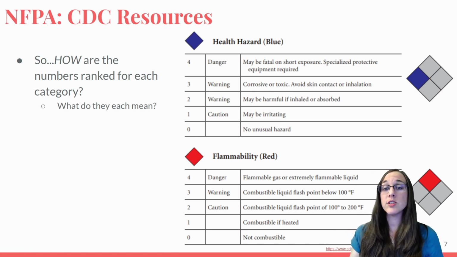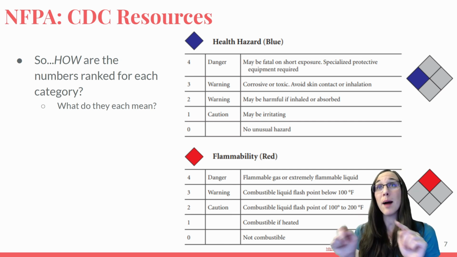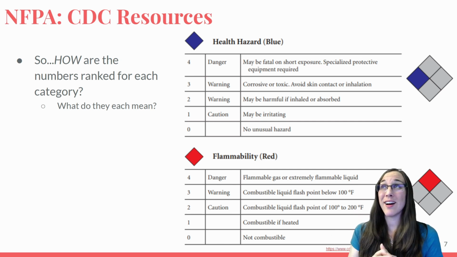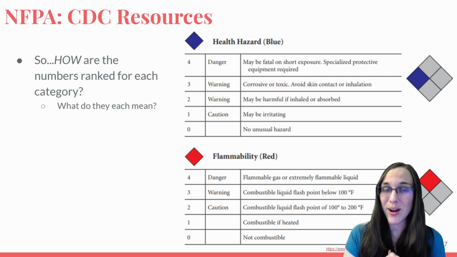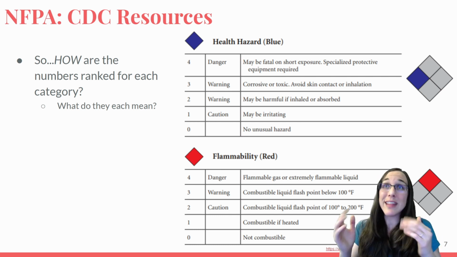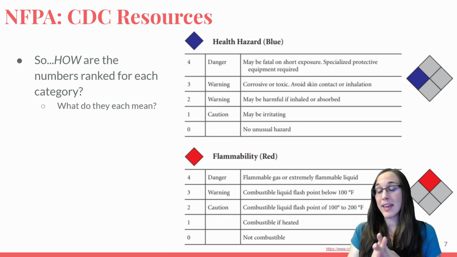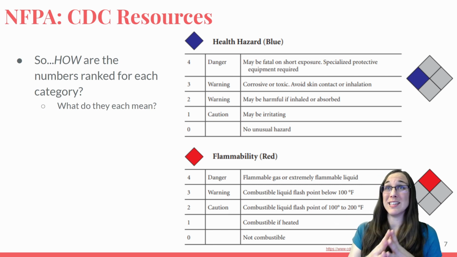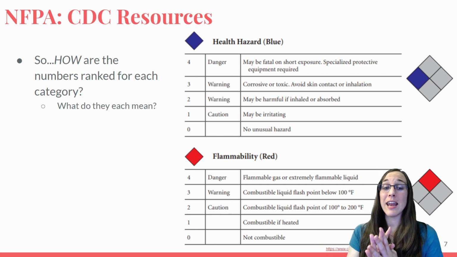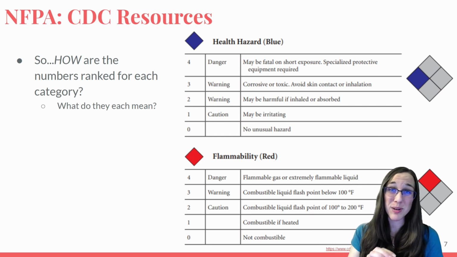If we move on to the red quadrant, or the flammability quadrant, that's the top diamond. That is one that obviously firefighters would care a lot about, hence they fight the fires, right? So how flammable is whatever the chemical is in this room or in this bottle or in this area. And 4 is our big danger. So super flammable gas or super flammable liquid in general.